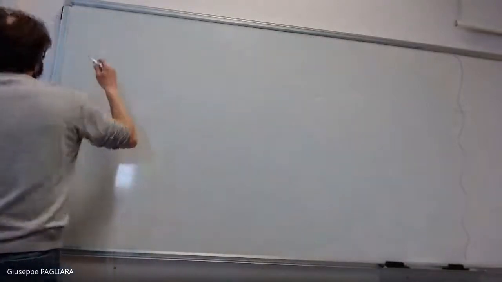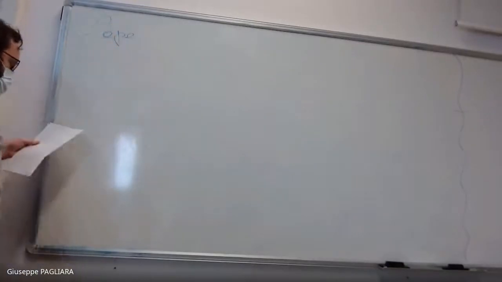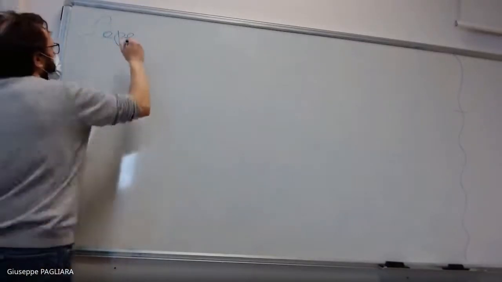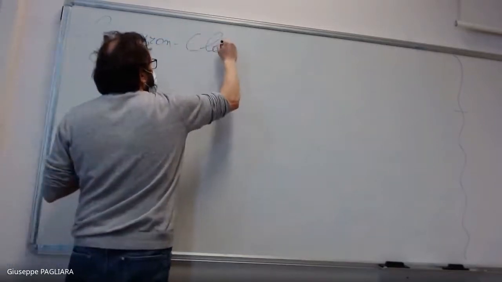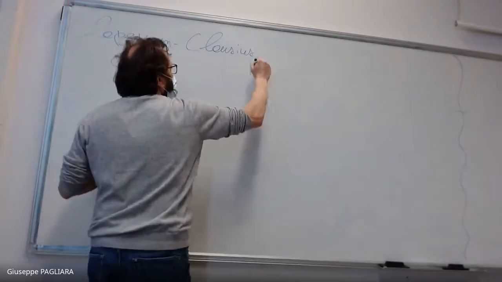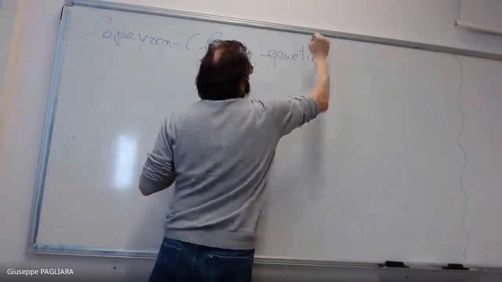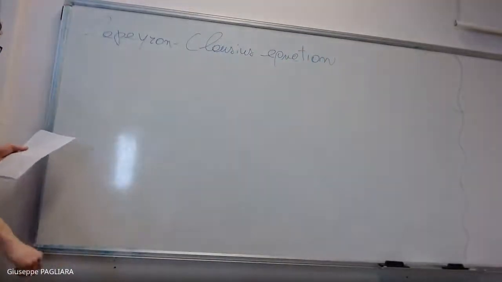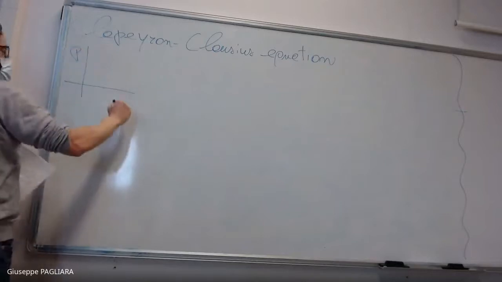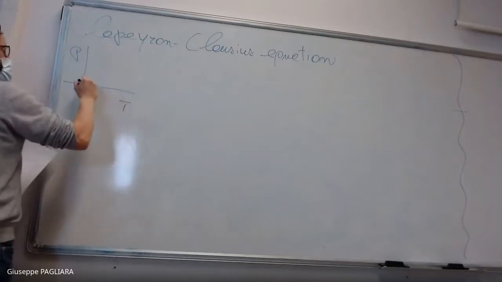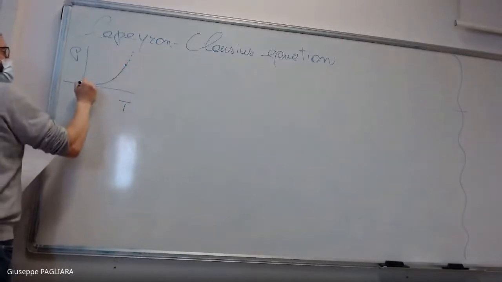So now what we will do is to derive the so-called Clapeyron-Clausius equation. Let me see if I write correctly. Clapeyron, Clausius. And suppose again that we have pressure and temperature axes, and we have this critical point. We are trying to describe this line here.